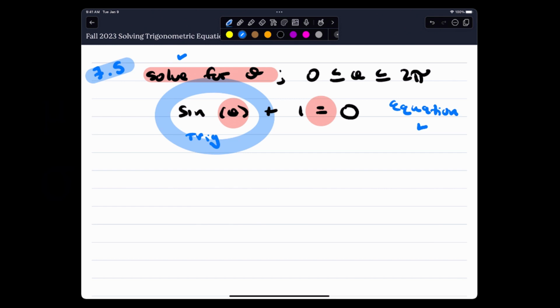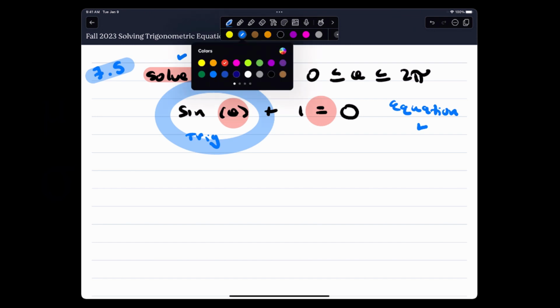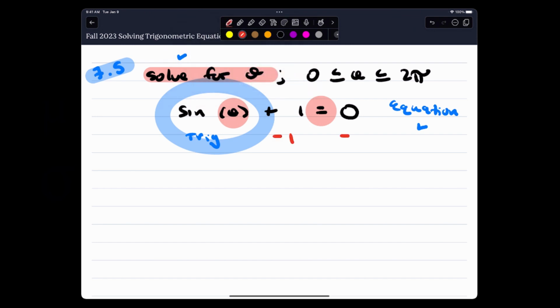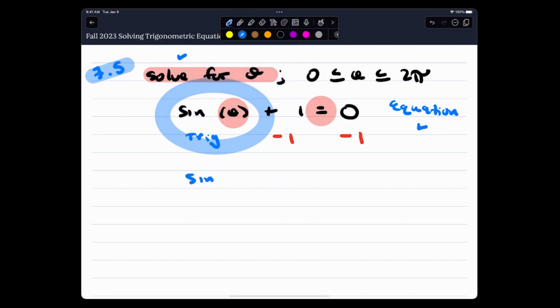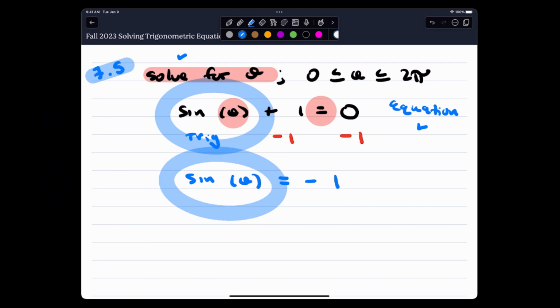Now, here's what I want you guys to do. You're going to subtract 1 from both sides, and you get sine theta equals -1. Notice what you just did. You solved for sine.